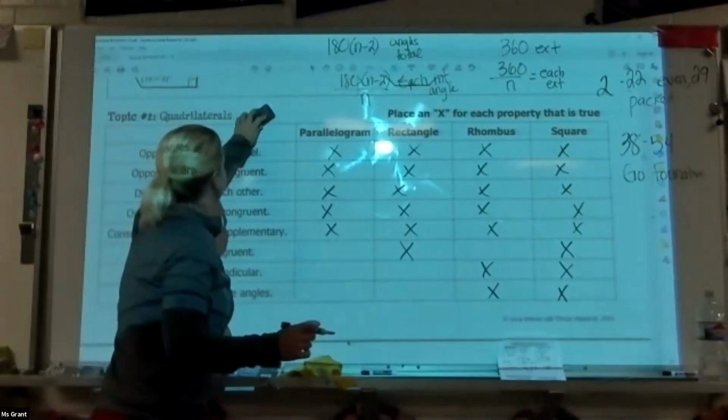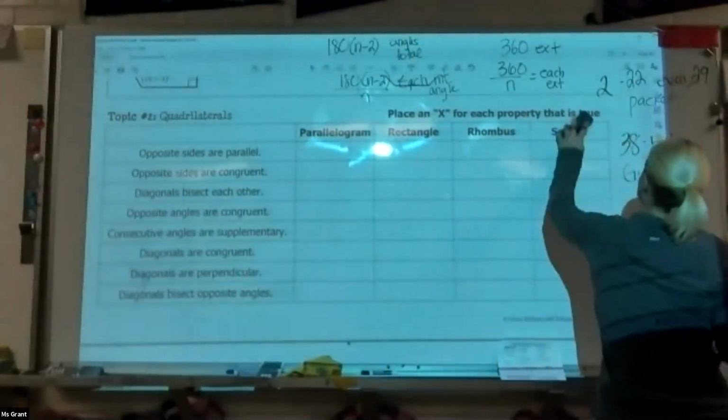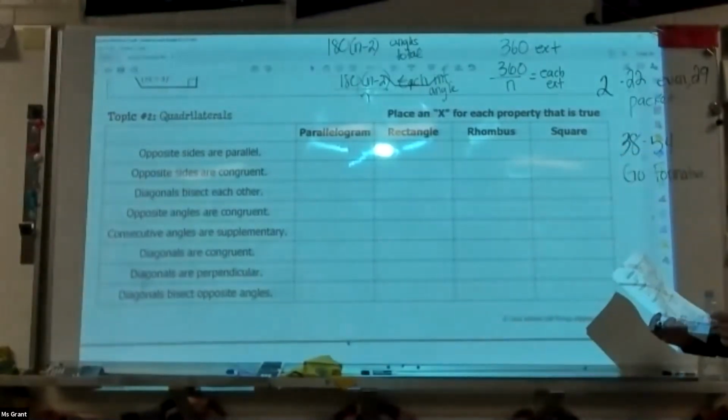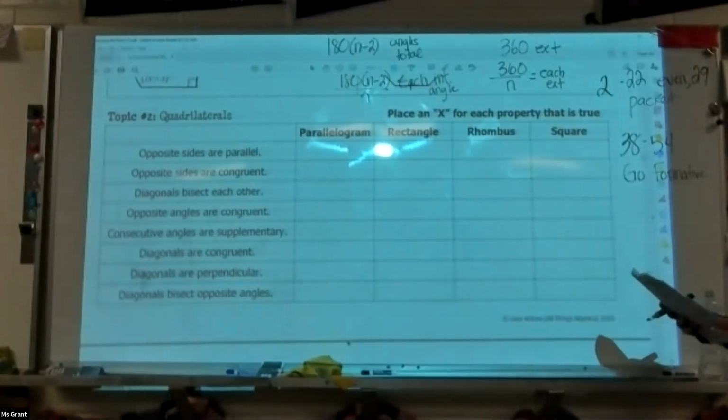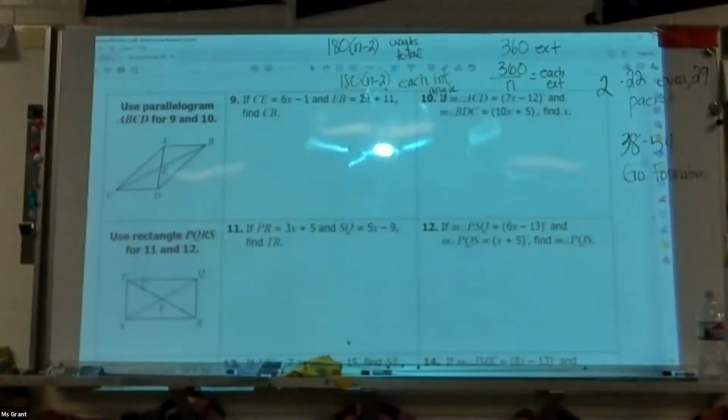We're going to talk about quadrilaterals. Let's see, 10 or 14, 12, 16, okay. Parallelogram, rectangle, rhombus, square. Parallelogram.